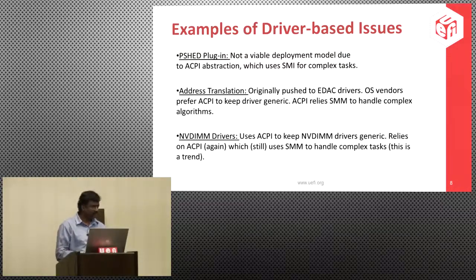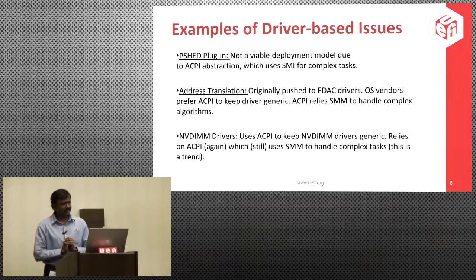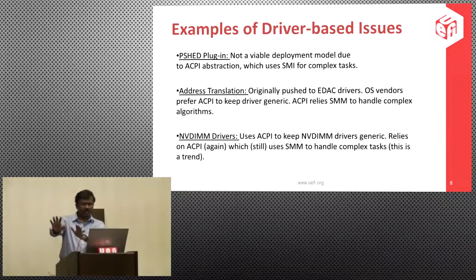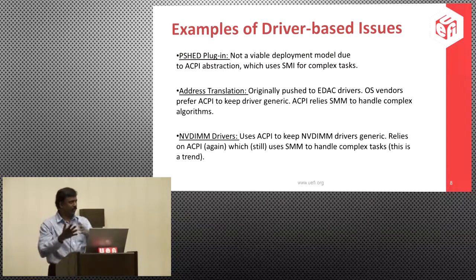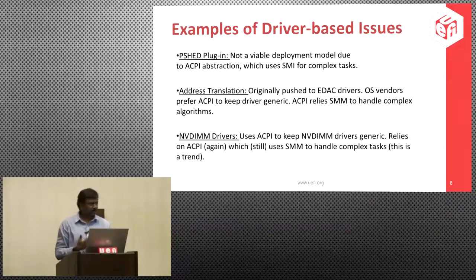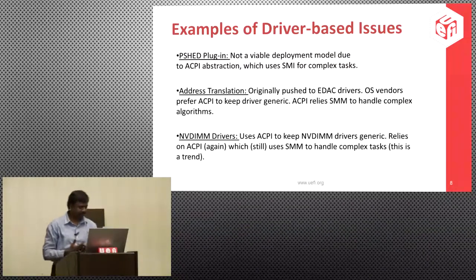So the OS basically says, you know what, give me a table, an EINJ table or ERST table, HEST table. I just use that table as an abstraction. I don't want to carry the platform information with me.